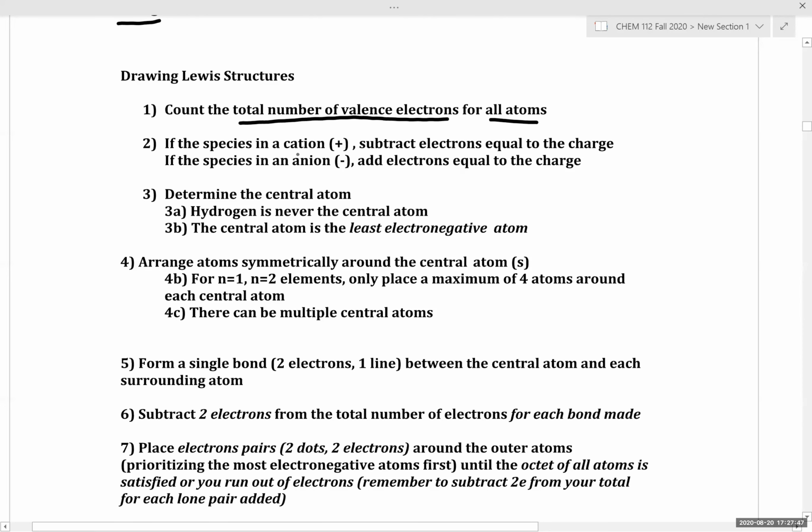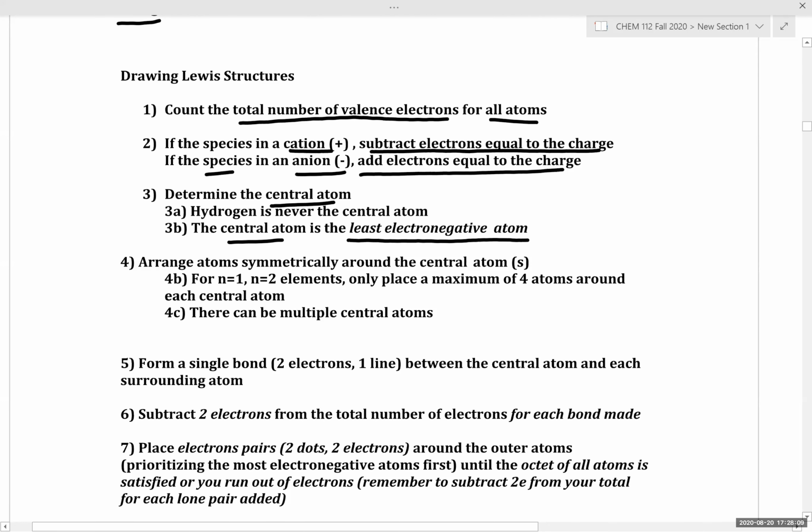If the species is a cation, you subtract electrons equal to the charge. If the species is an anion, you add electrons equal to the charge. Next, you determine your central atom. So hydrogen is never your central atom, and the central atom is typically the least electronegative atom.